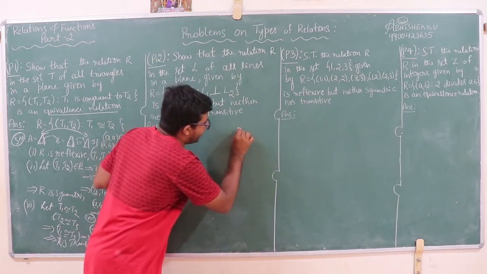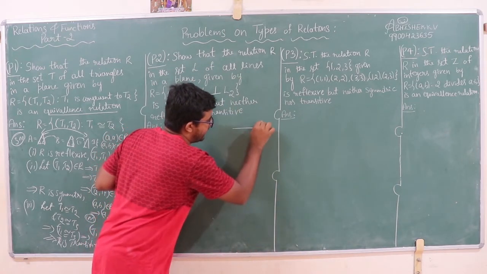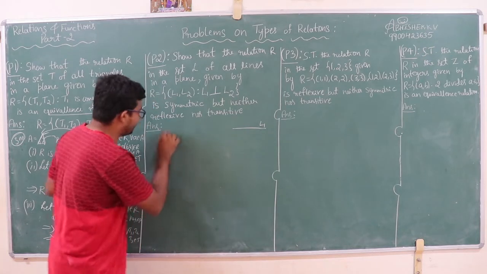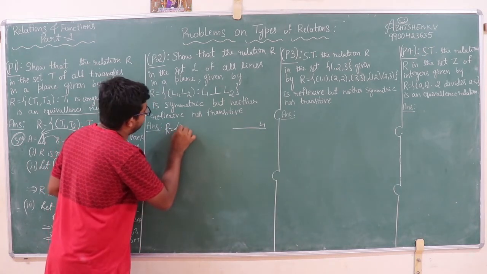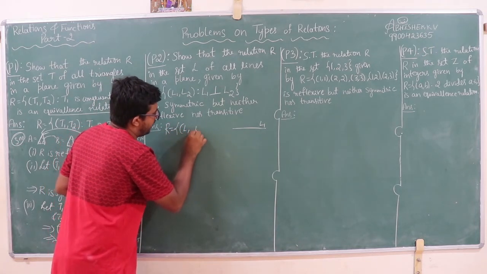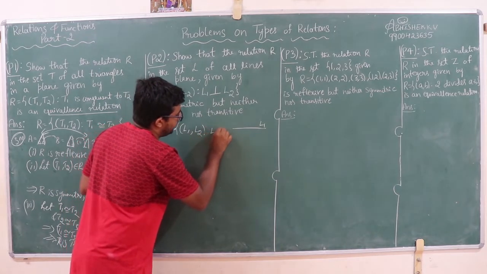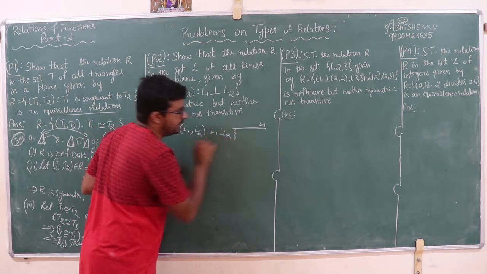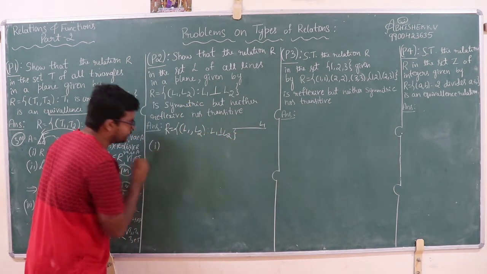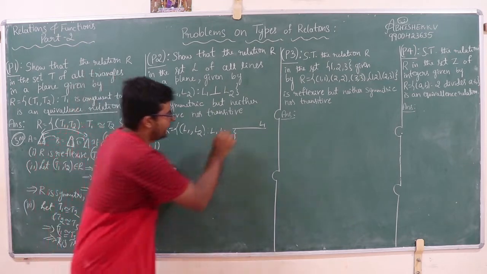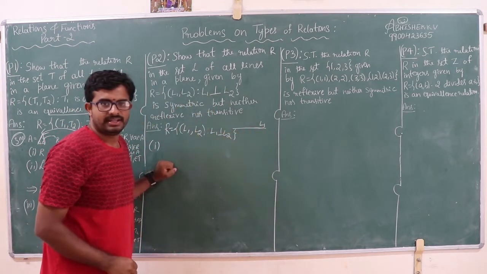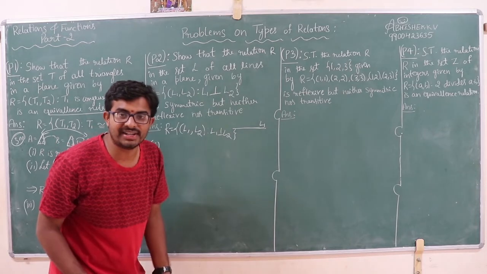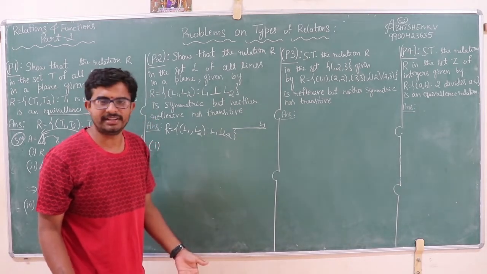See, if I consider this line, say L1, for reflexivity, what is R? Consider the relation R, (L1, L2), L1 is perpendicular to L2. For reflexivity, we need to consider a line. Is every line perpendicular to itself? There is no meaning for that.